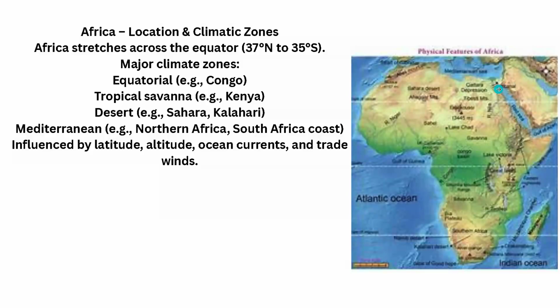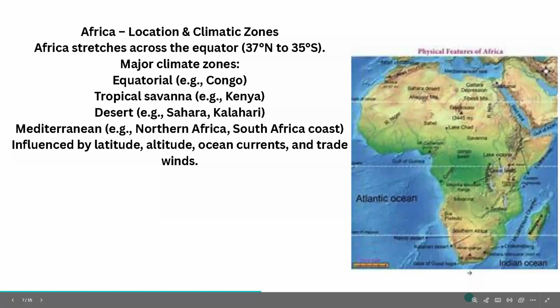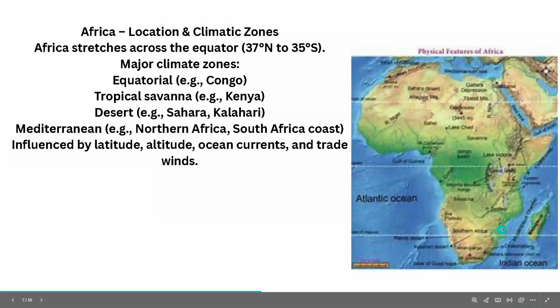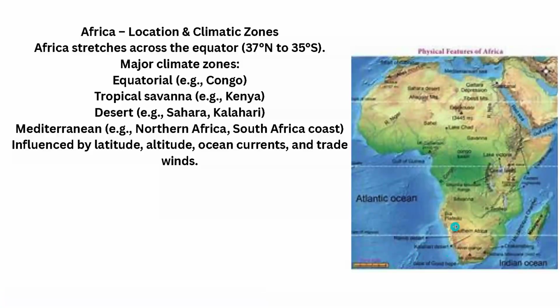So the South African coast also, and Northern Africa because of the Mediterranean Sea, you will find the same Mediterranean type of climate, because of the sea winds blowing here and the long coastline.